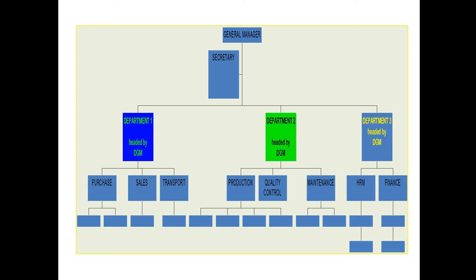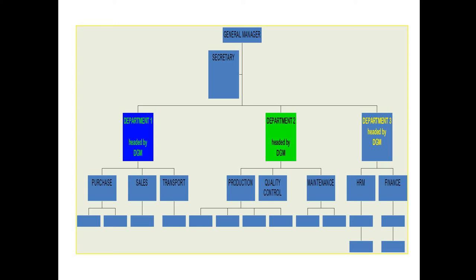From this diagram, you know that orders will flow from top to bottom, that is from general manager to the DGMs to the other units, and information will flow from bottom to up. So whatever is happening in purchase, sales and transport will go to the DGM of department 1, who in turn will share it with the general manager.